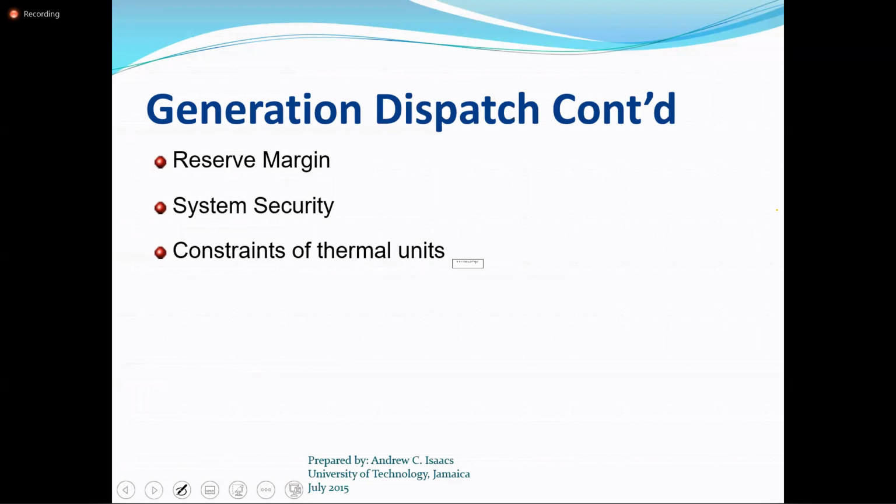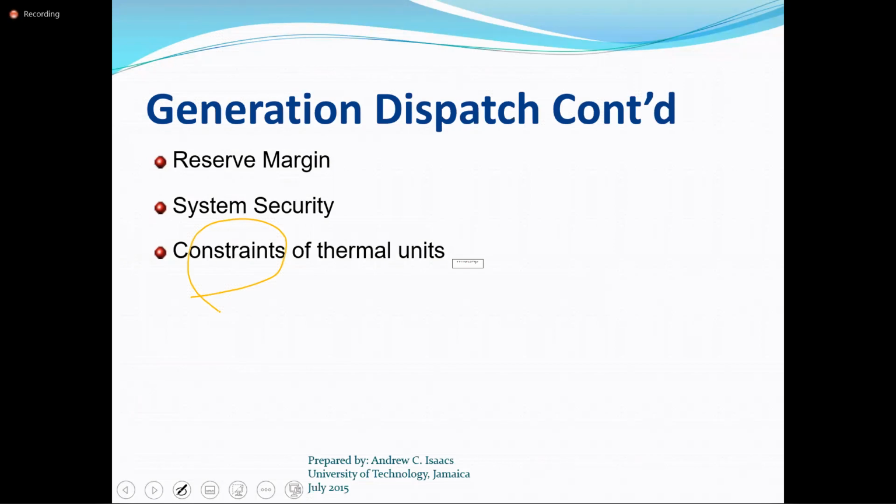So that's part of the constraint. At the other end, there's a maximum amount that it can produce. So there are operational constraints you'll be working with: minimum, maximum.